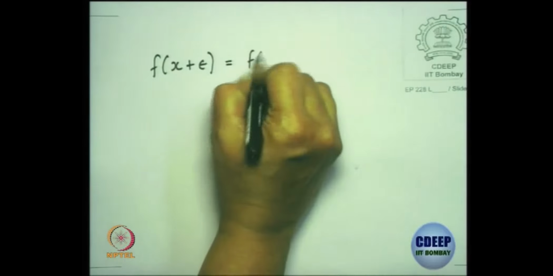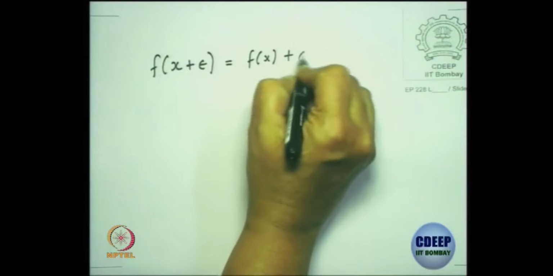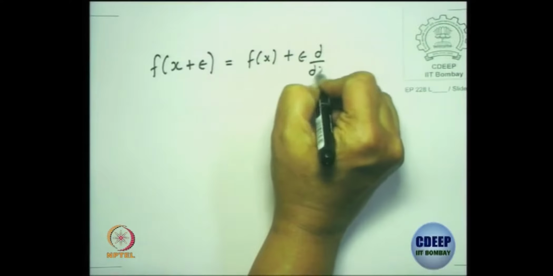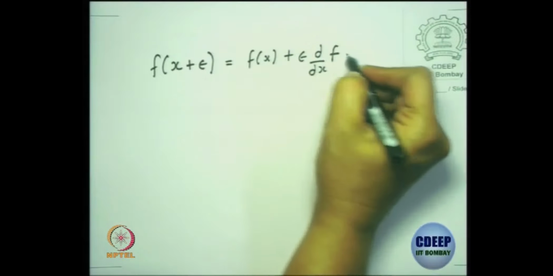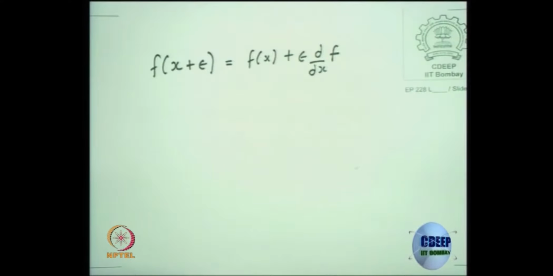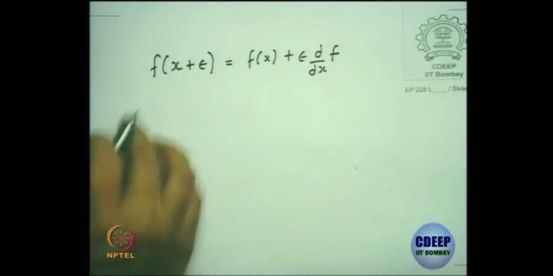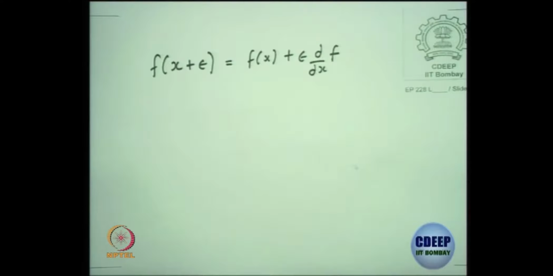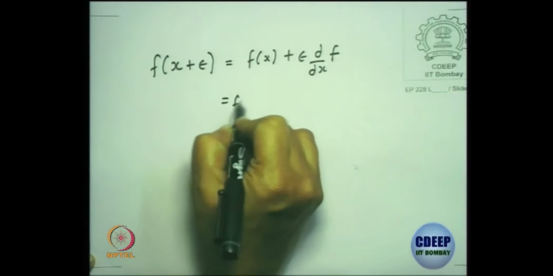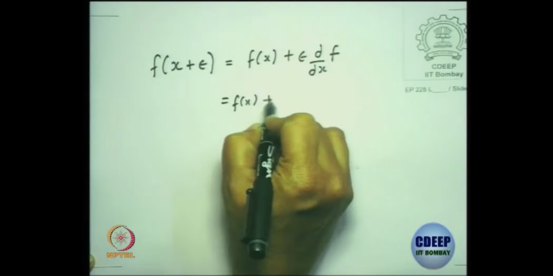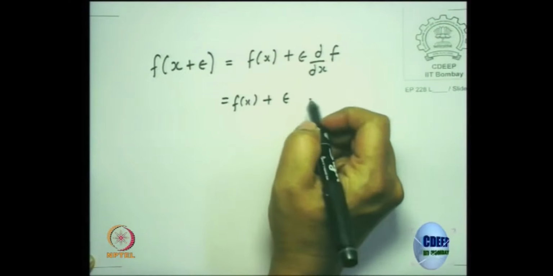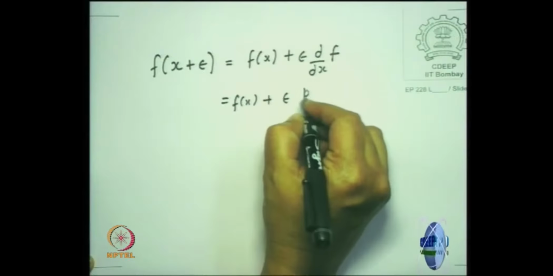I can write it as a Taylor series, right? Is that correct? An infinitesimal translation can be written for any function this way. But now I can rewrite this as f of x plus epsilon del by del x, and I will try to write it as a px operator.